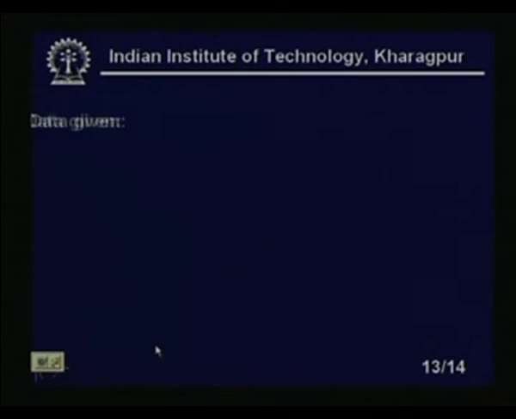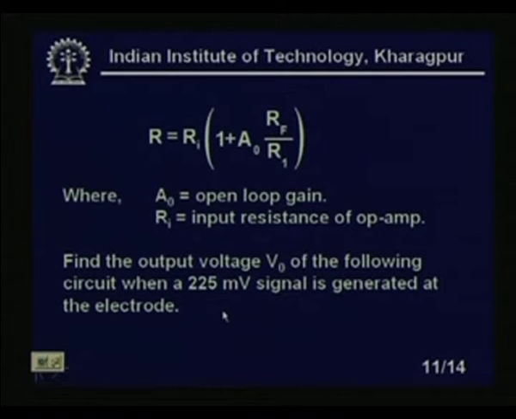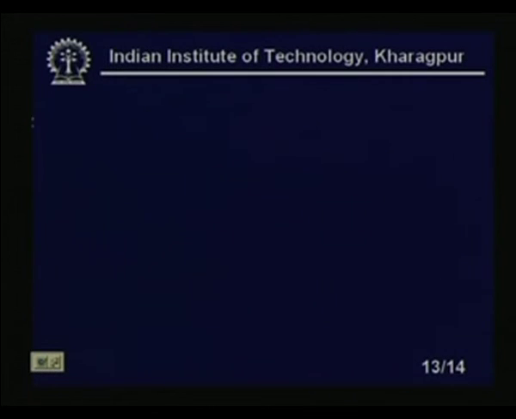Now, the data given. Find the output voltage V naught of the following circuit when a 225 millivolt signal is generated at the electrode. Right, a very small signal is generated.